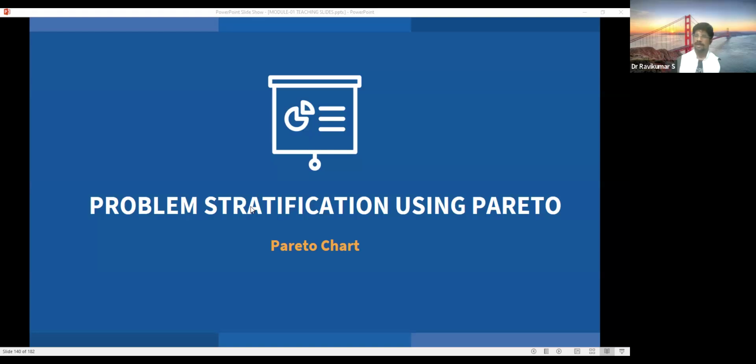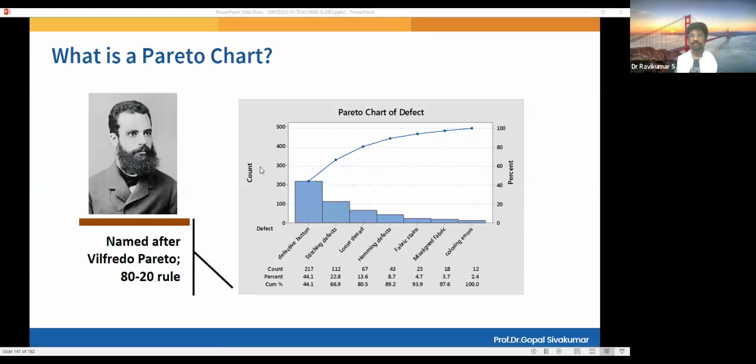You have raised a problem which you believe is creating a lot of loss, and if you resolve it, you believe it will create benefits in terms of money and customer satisfaction. But the top management also should believe it, right? For that, you need to use this Pareto, which will help you break down the problem so that you could understand the crux of the problem and make the top management agree over it.